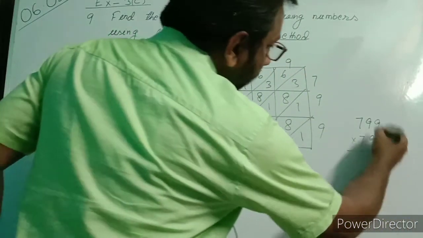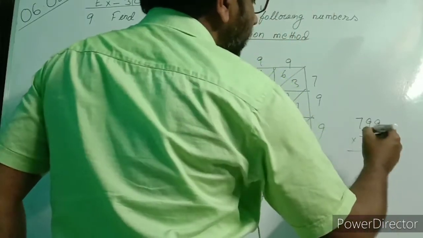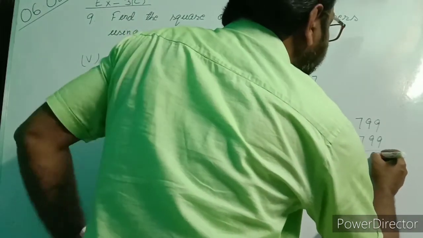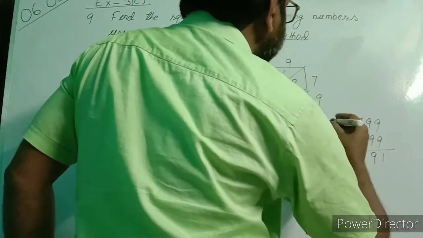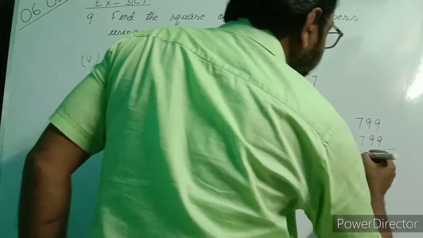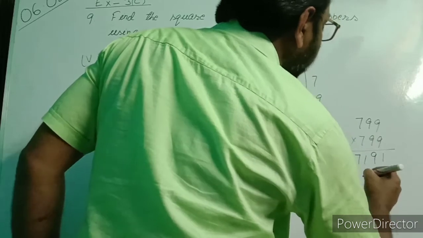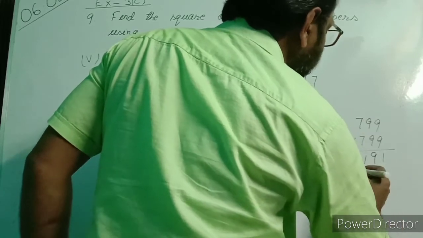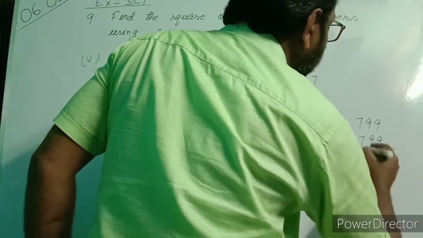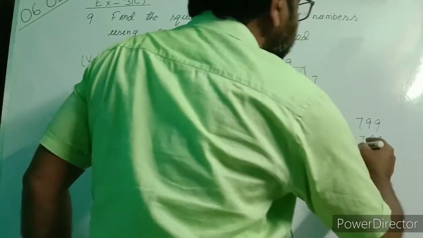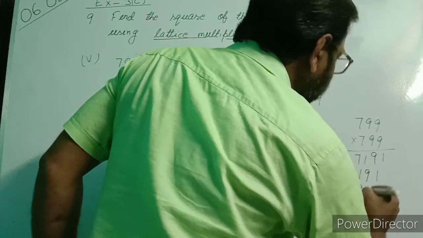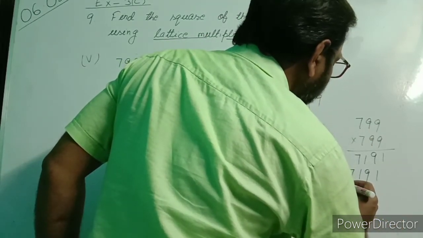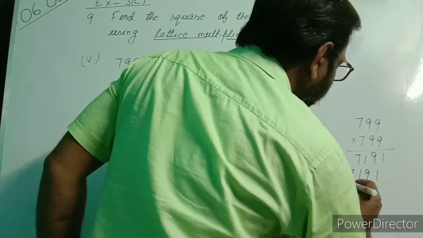Let us see. 9 9 is 81, 8 9 9 is 81 and 8 89. 8 9 7 is 63, 63 and 8 71. 9 9 is 81, 8 9 9 is 81 and 8 89. 8 9 7 is 63 and 8 71. 7 9 is 63, 6 7 9 is 63 and 6 69. 6 7 7 is 49 and 6 49 and 6 equal to 55.